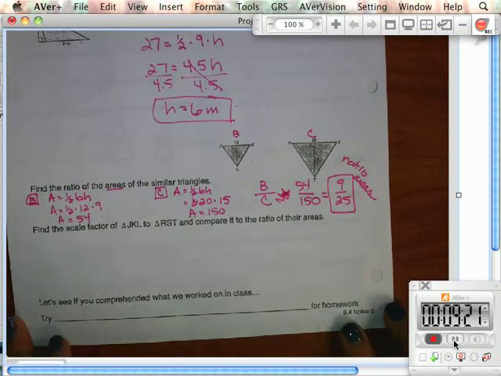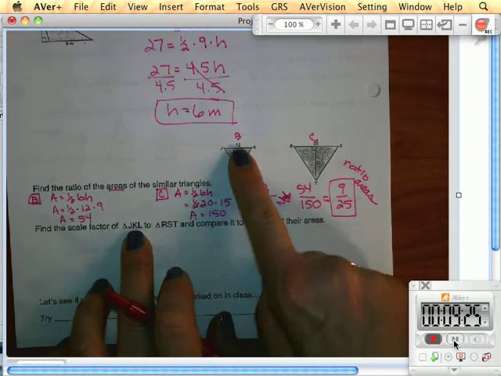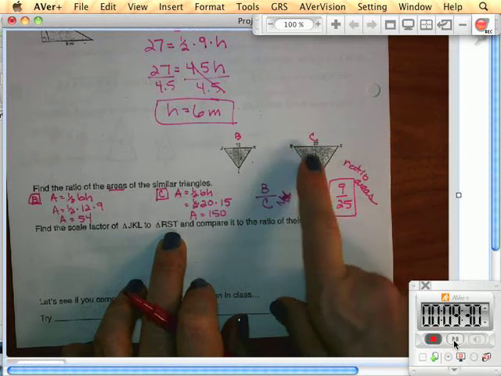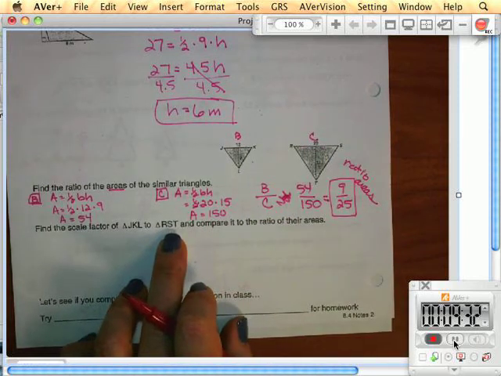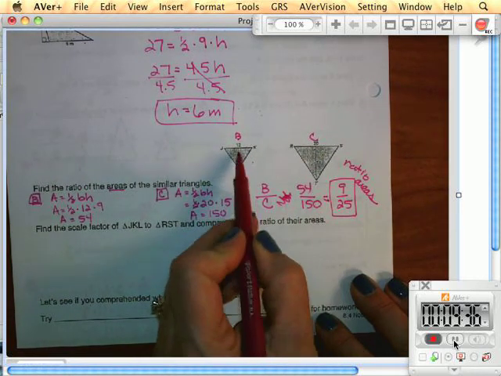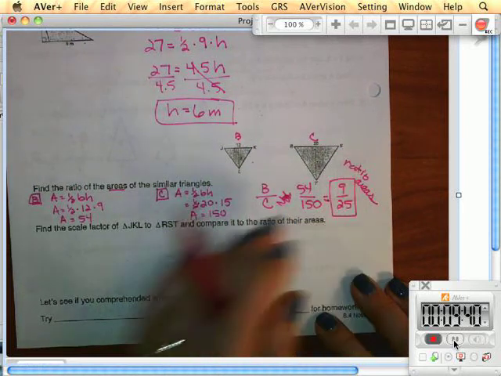Now this says find the scale factor of triangle JKL, or B, if you want to call it that, to RST, our triangle C. So I'm going to look at corresponding numbers. I could do the height to the height and the base to the base, and that'll probably help me find the scale factor.